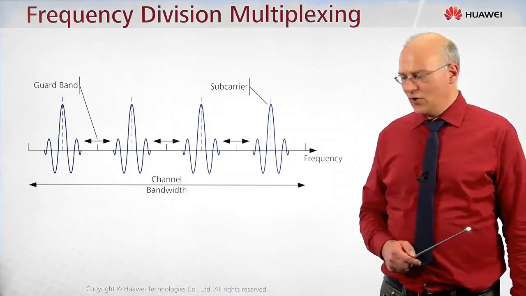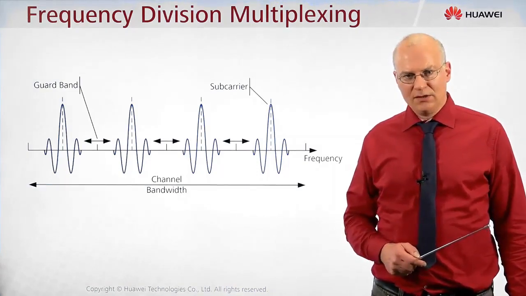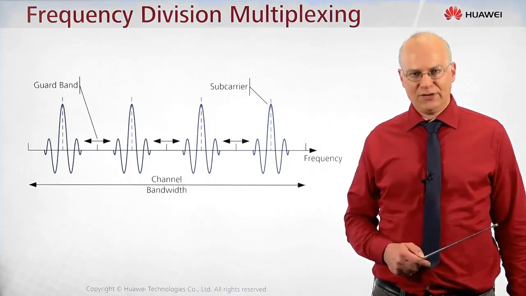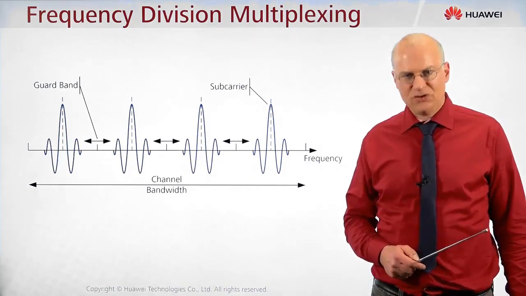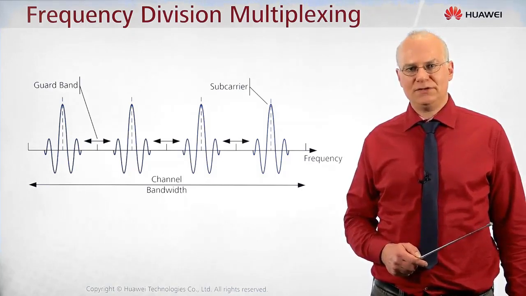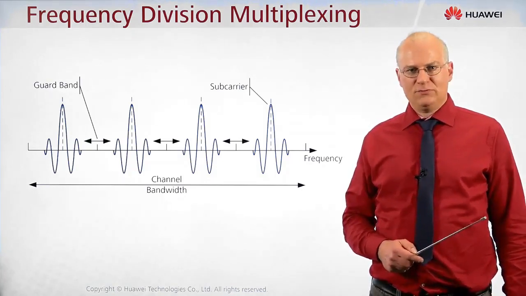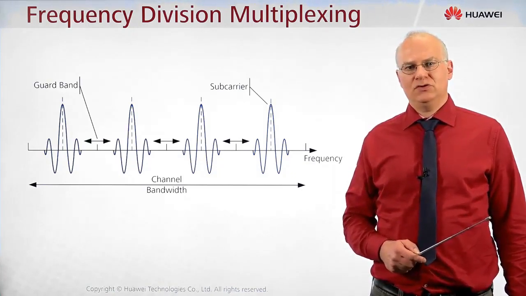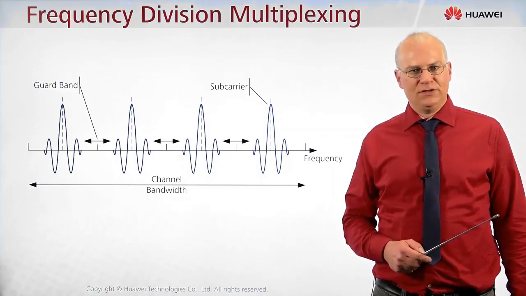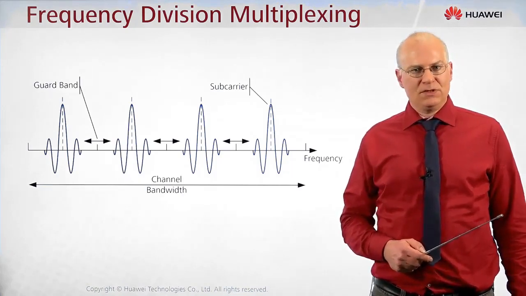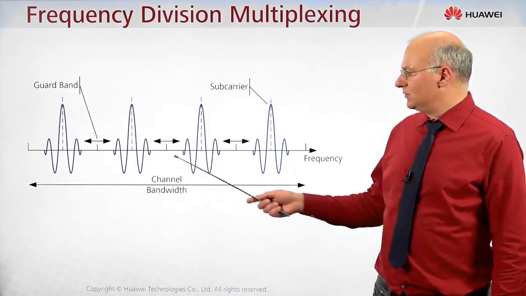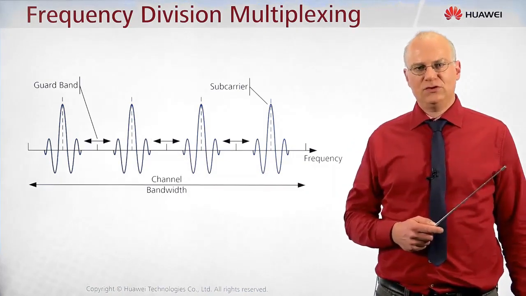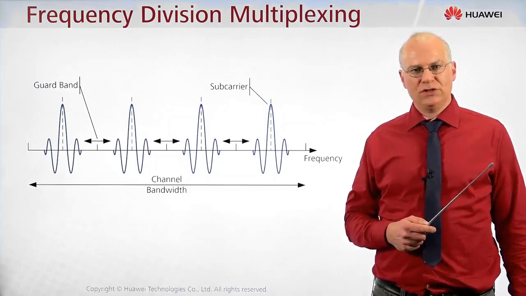So first let's compare orthogonal frequency division multiplex with conventional frequency division multiplex. Frequency division multiplex is used, for example, in GSM. So we have the different GSM carriers, and we have a spacing between the frequency carriers, which is 200 kilohertz.